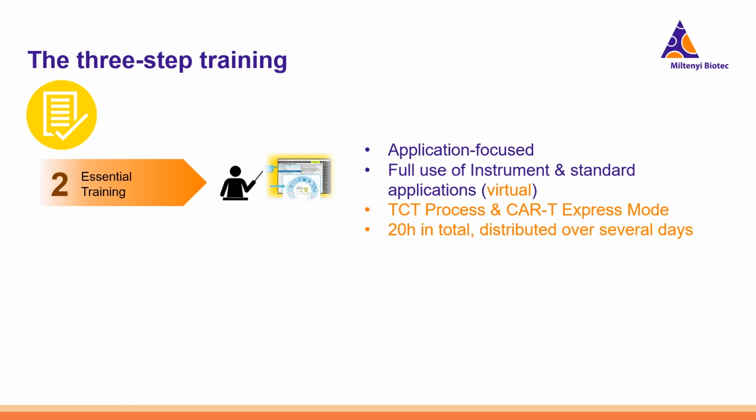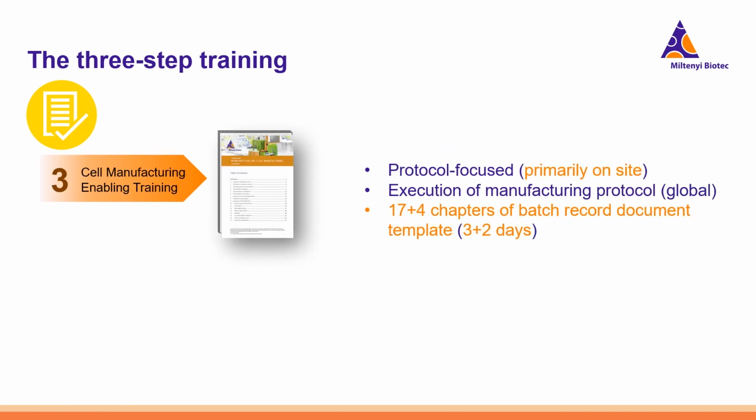And this final step, which is really the focus of the cell manufacturing enabling package, is the cell manufacturing enabling training. And this is the actual technology transfer. So it's protocol focused, meaning that there's no theoretical background.